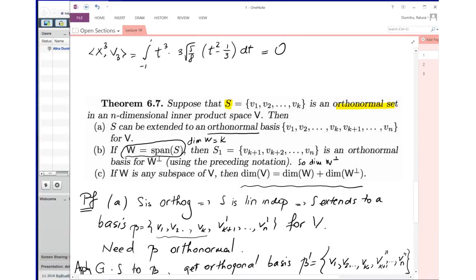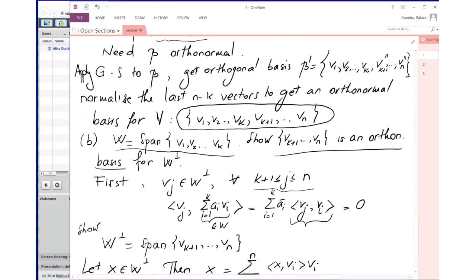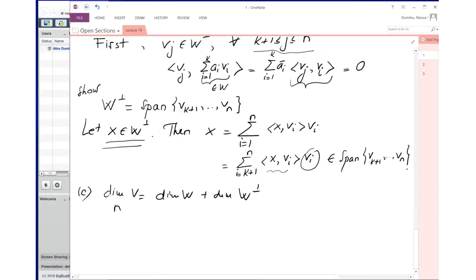It's going to be n minus k. n minus k plus k. Oh, and by the way, I can just add them up. Why can I add them up? There is no overlap, right? There will never be an overlap between W and W perp. We've seen that before, unless it's the 0 vector, right? So now n minus k plus k gives you, of course, n. And that's exactly what part C claims to have.